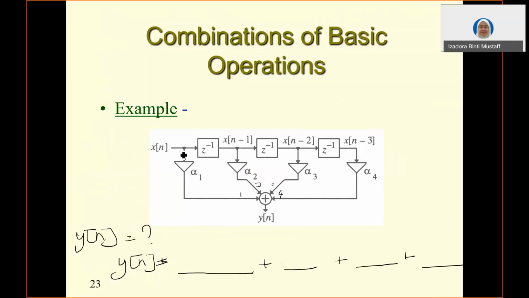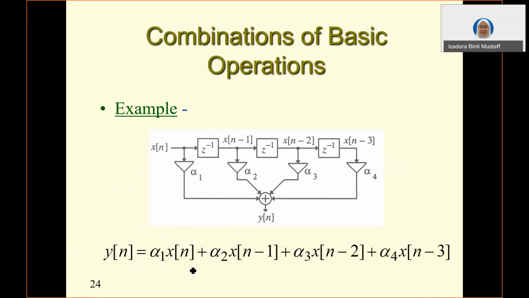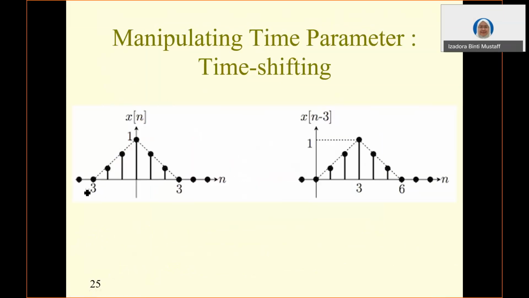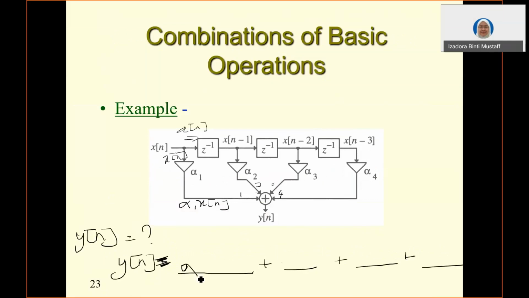What comes out of the branching unit is the same sequence, xn, and xn also comes out here. So xn is multiplied by alpha 1. You have alpha 1 times xn as the output, so your first term is alpha 1 xn.